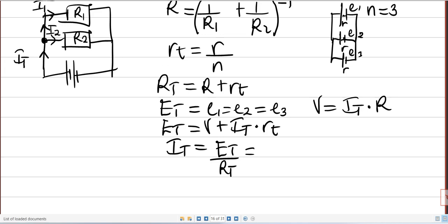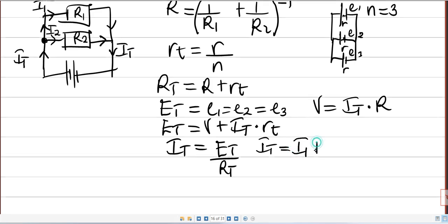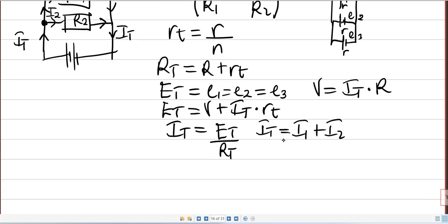So I total can be expressed as the addition, because I1 passes through this resistance and comes back at this junction, your I2 also comes back there, and they add back to I total. So you have I1 plus I2 in a parallel circuit. This is the alternative formula for your I total.